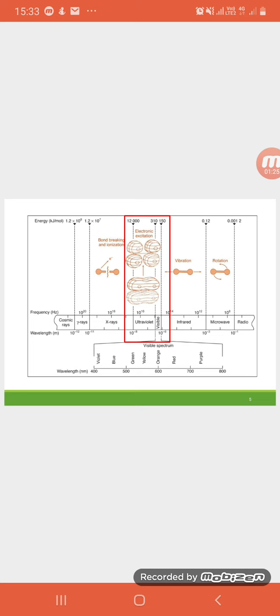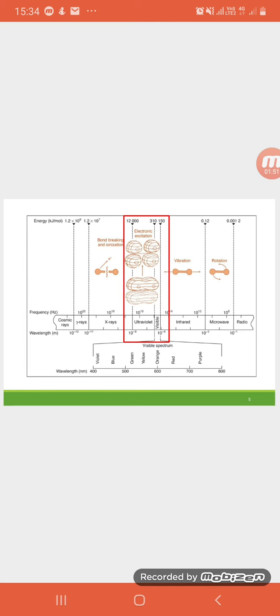The molecules that absorb the UV visible radiation will undergo electronic excitation, in which the electron from the ground state will move to a higher energy state. This is where the absorption occurs. The wavelength for UV visible radiation is from 200 to 700 nanometer.